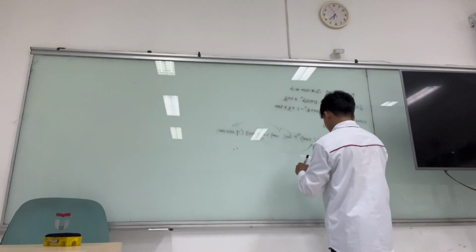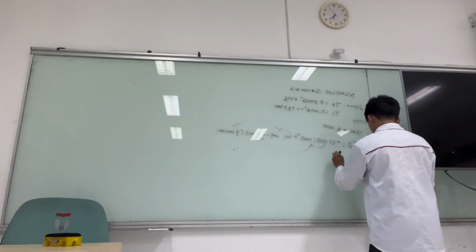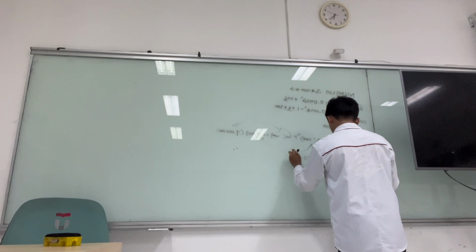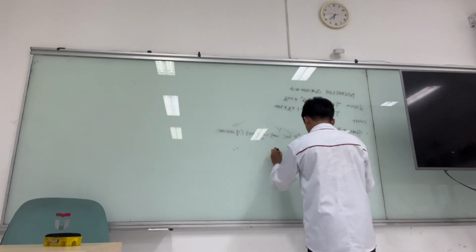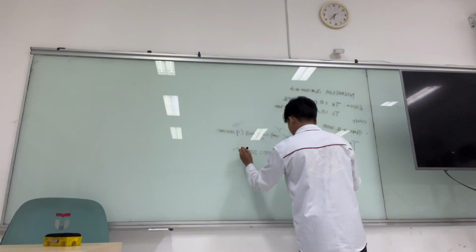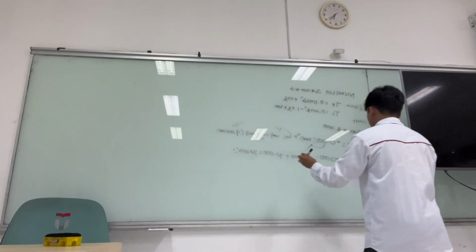Since we also get that 40,000 plus 40,000 will become 28,000. This is the total revenue.